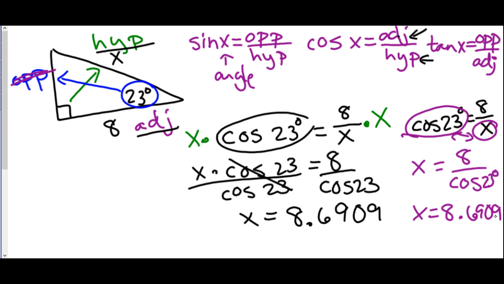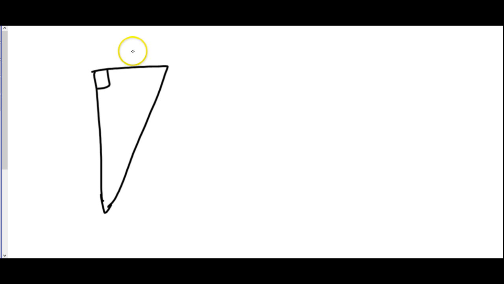So let's do one more example, just for some more practice. Again, we label opposite, adjacent, and hypotenuse.